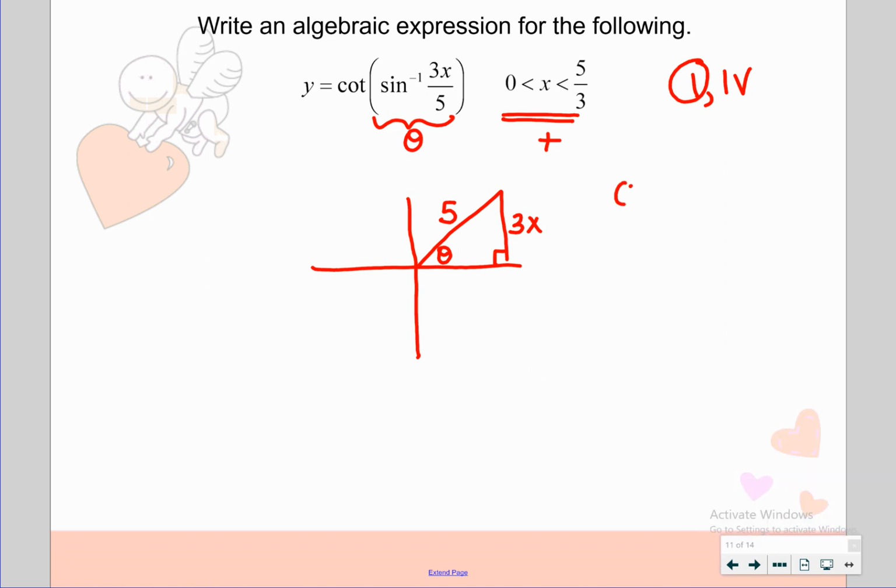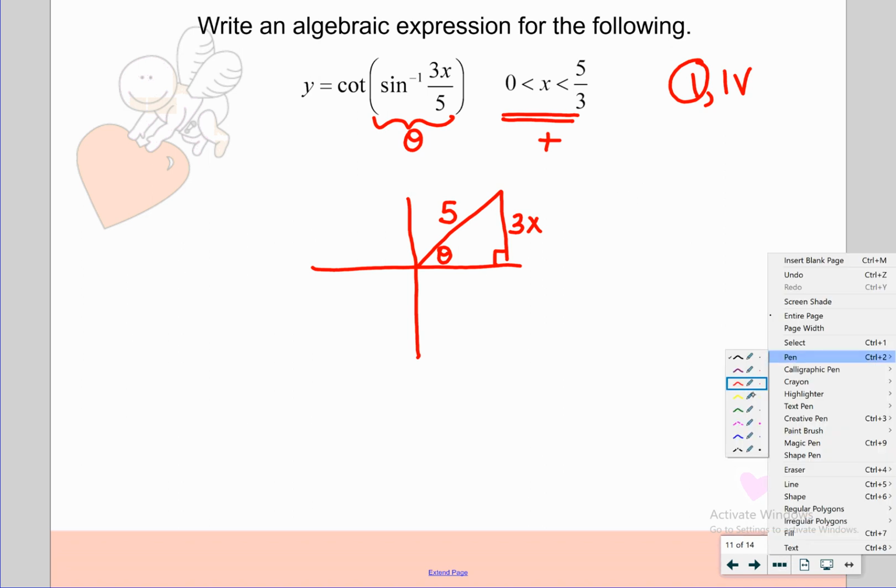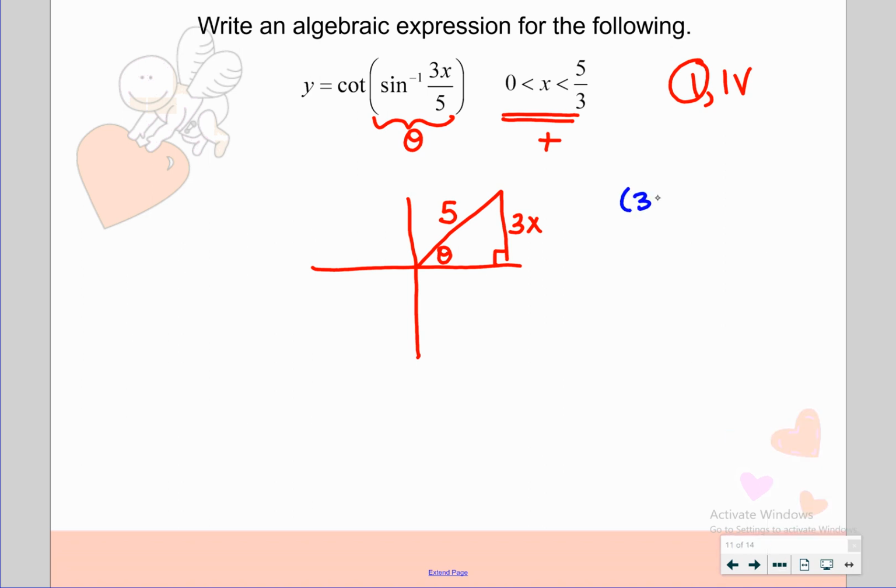So 3x will be squared plus, I'll just call that side y that I'm solving for, squared equals 5 squared. So y squared equals 5 squared, which is 25, minus, if you do 3x squared, because it's a product there, you can distribute the squared in.